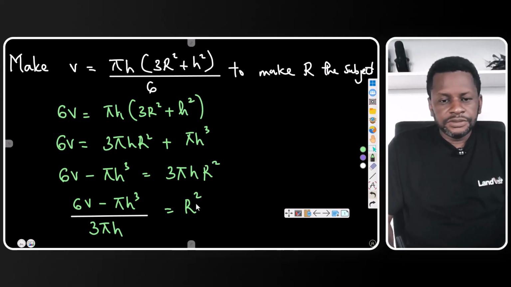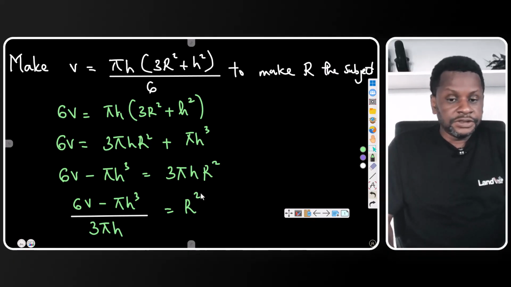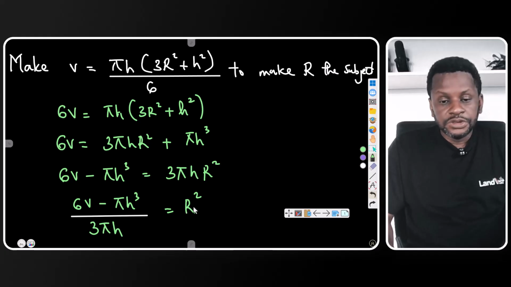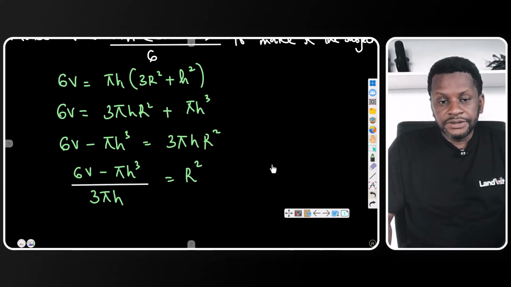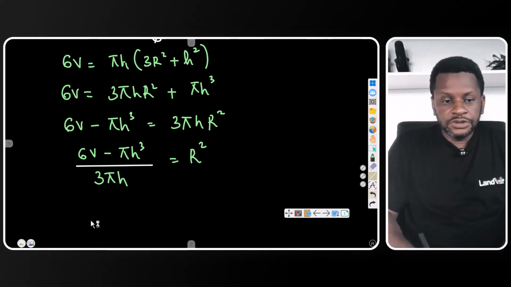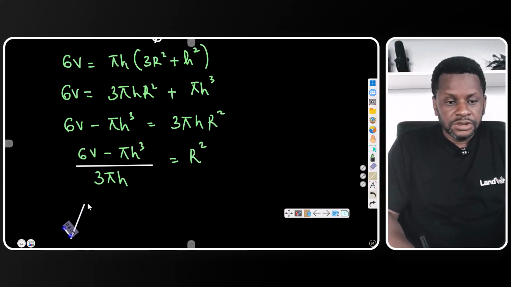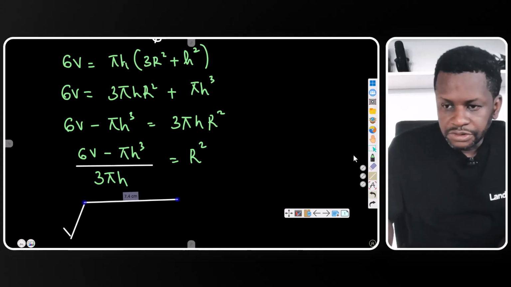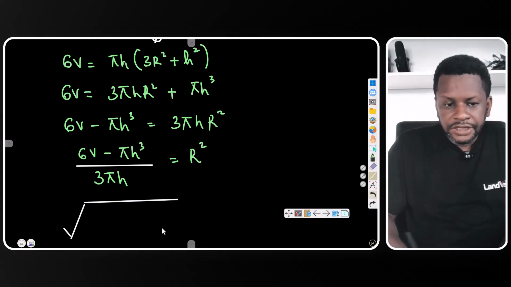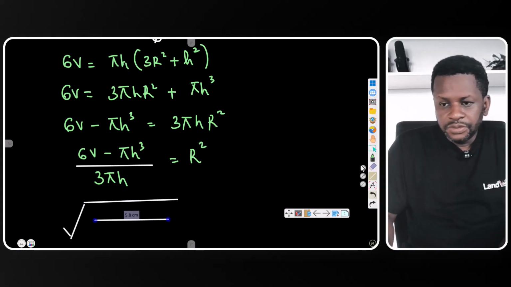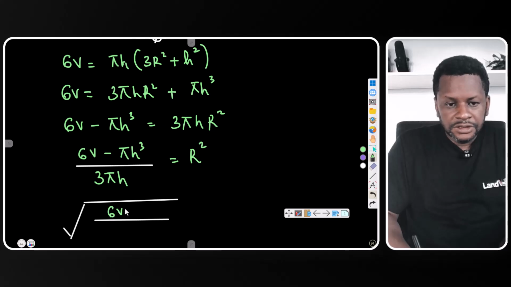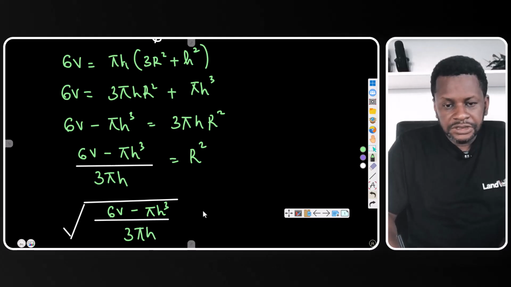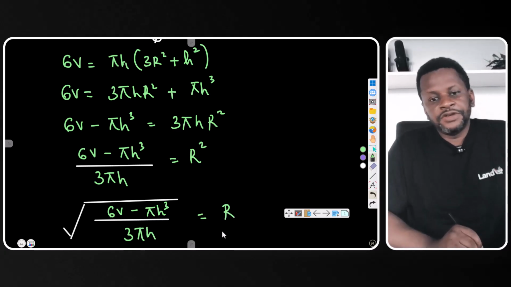Now, because you're interested in getting r, not r squared, to get r you would have to take the square root, which will give you the square root of 6v minus pi h cubed divided by 3 pi h, and this gives you the value for r.